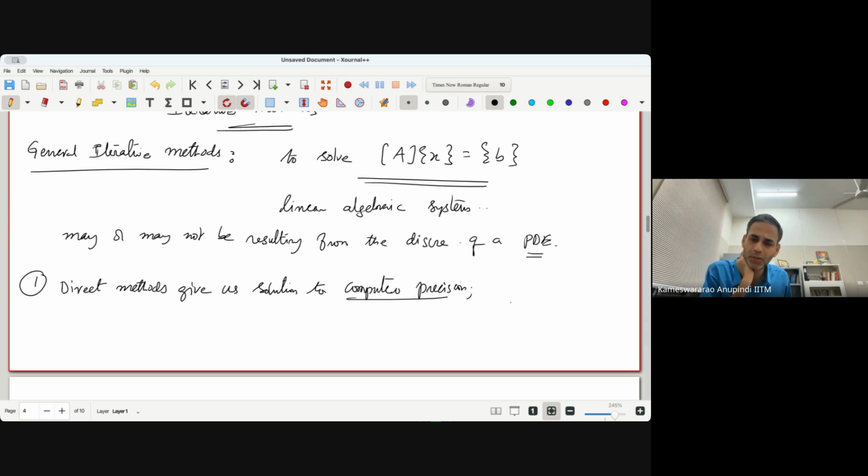That means the solution you get is exact to the computer precision, in terms of how small a number you can represent in a computer.